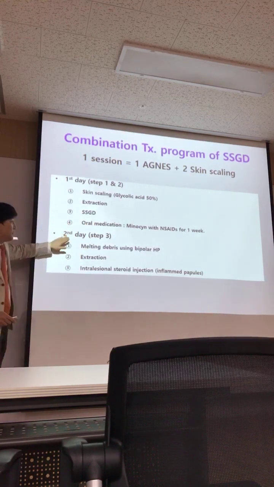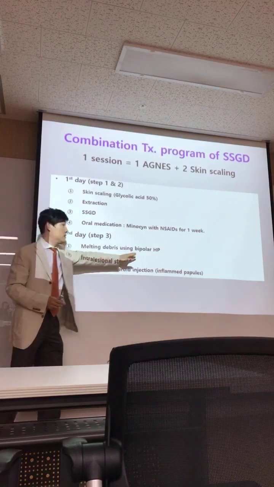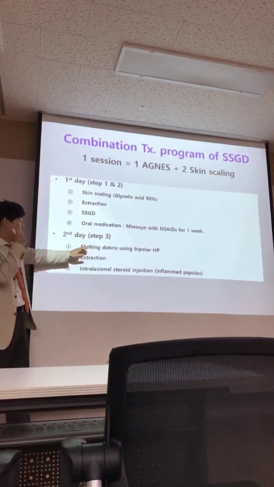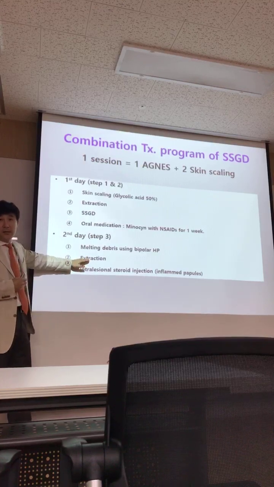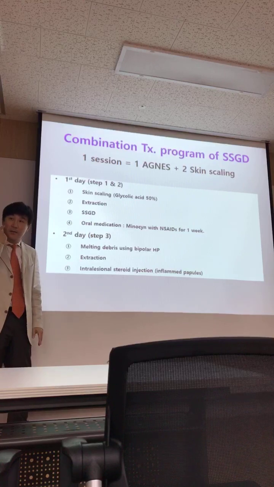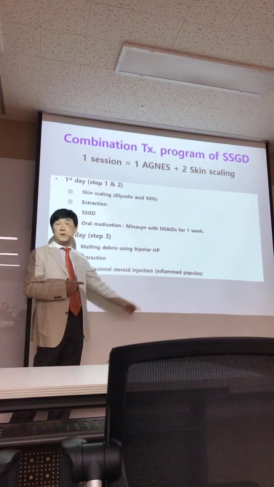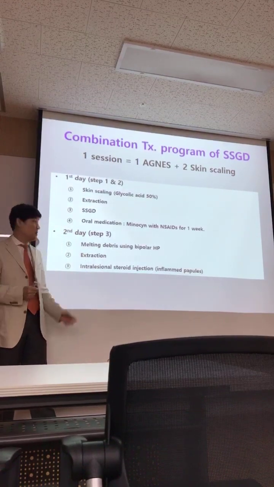And then next day or within 3 days, using the bipolar handpiece, a little bit of melting, and then extraction once again. And if there is an elevated inflammatory pimple, inject diluted intralesional steroid into the pimple.